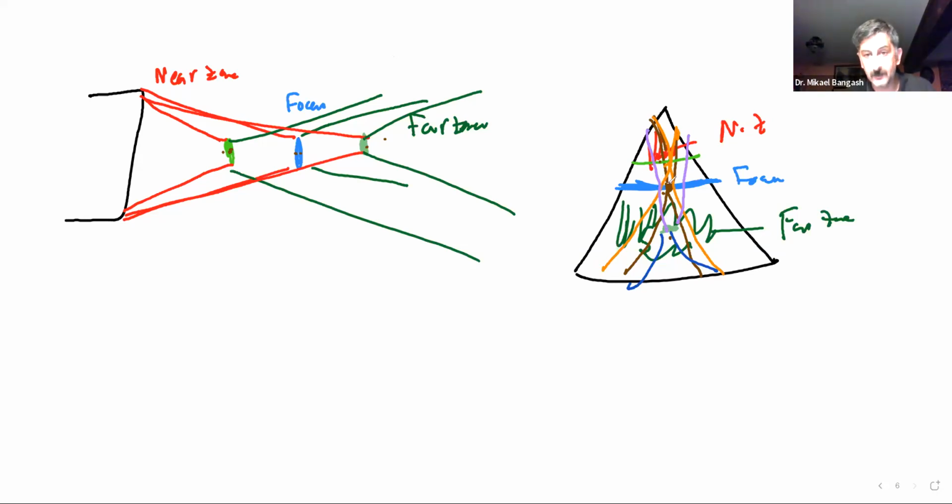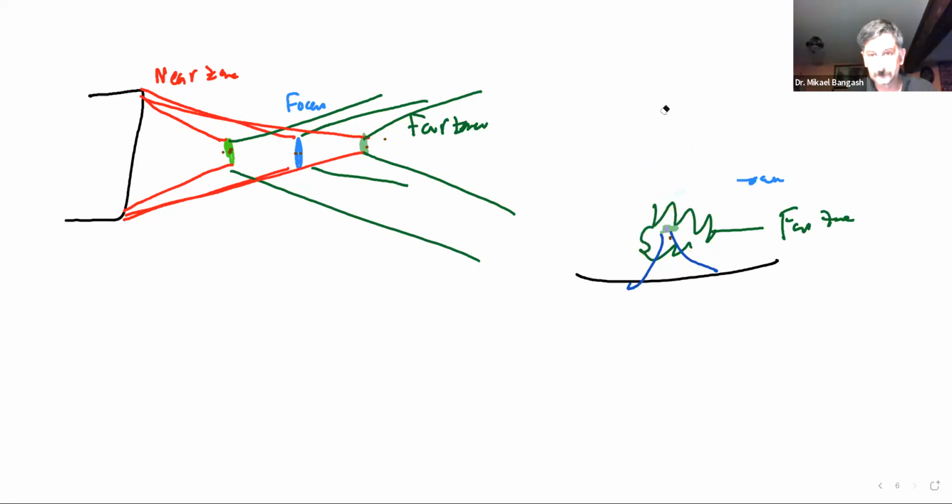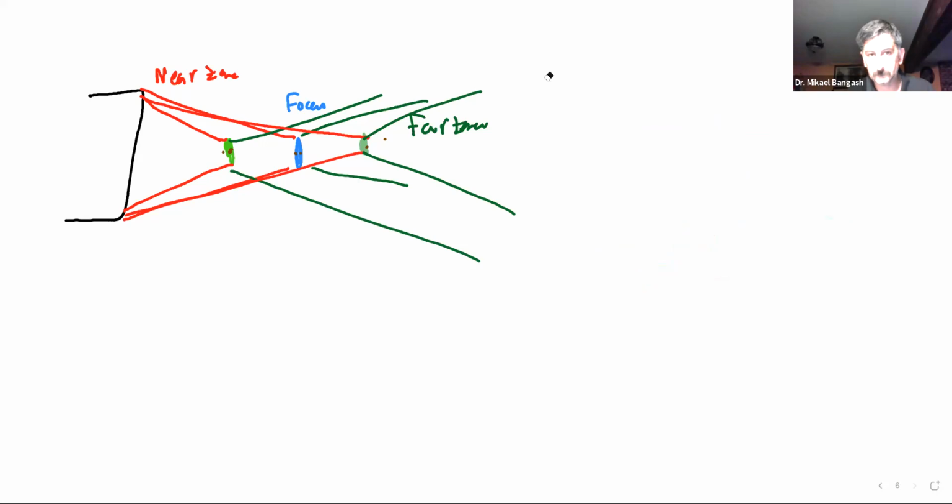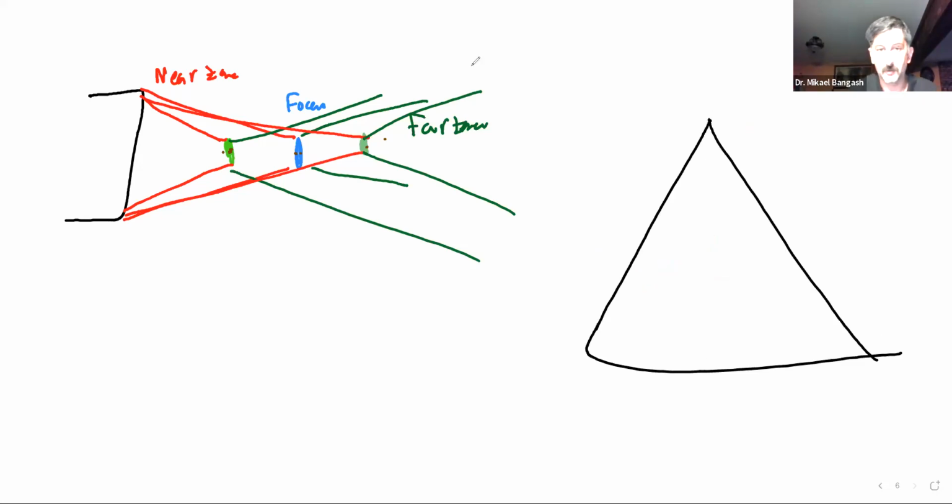Now you may say, Mike, let's say we focused at this point here. What about all this area here? Let me just clear it out. Say this was our image, and you said we focus at this point here.